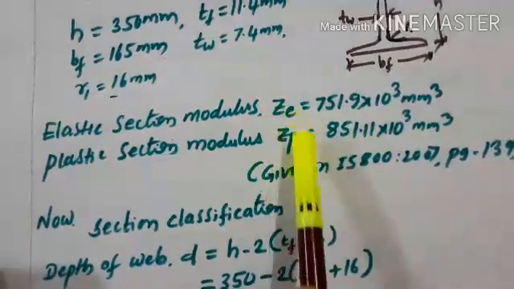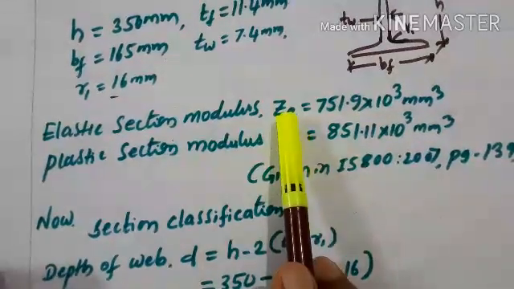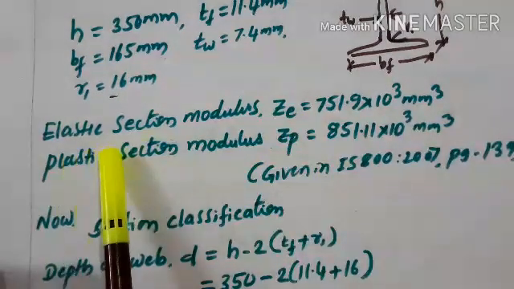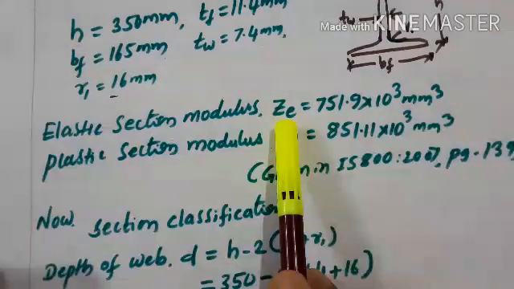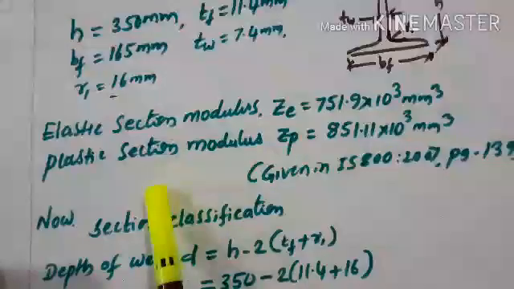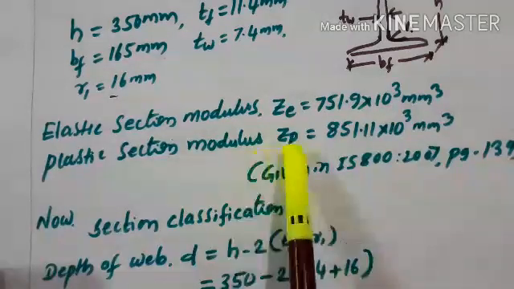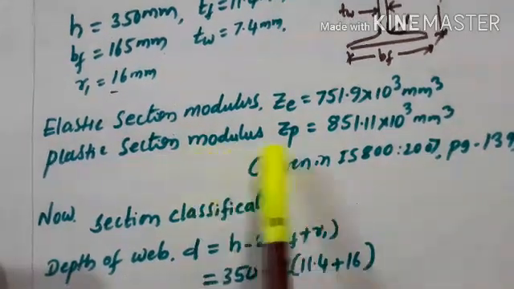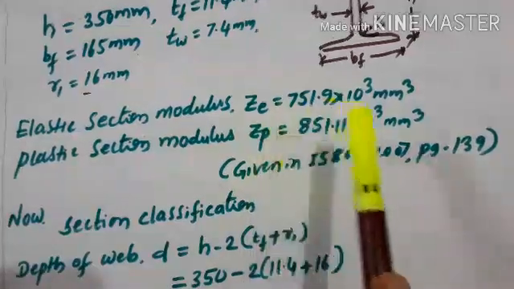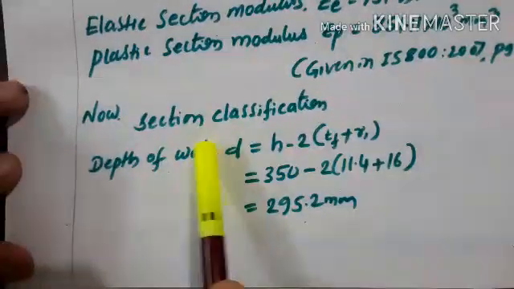So both the properties you will get from IS 800:2007. In the steel table you will get only the elastic section modulus, but if you want the plastic section modulus also, you have to refer IS 800:2007 page number 139. So note down both the properties, then do the section classification.